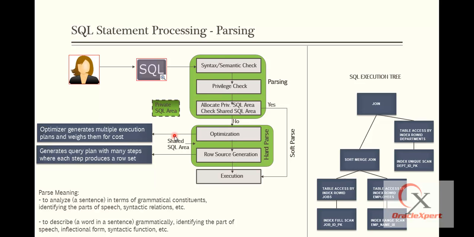But beyond execution there would be fetch, and this is the time when she would receive the outcome of the SQL statement that she had submitted to the Oracle database instance. So broadly speaking, as I said, there is parsing, optimization, row source generation, and then SQL execution, and beyond that there is also fetch. So let us focus on the SQL parsing phase.